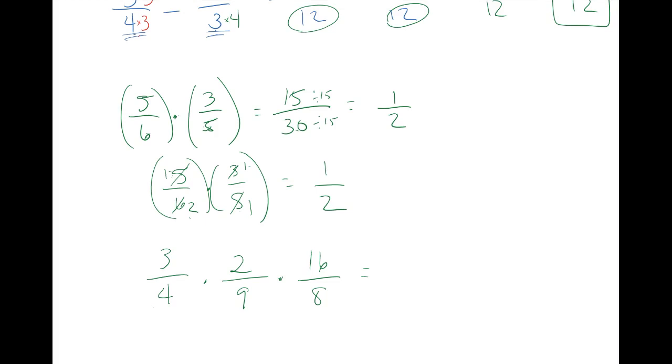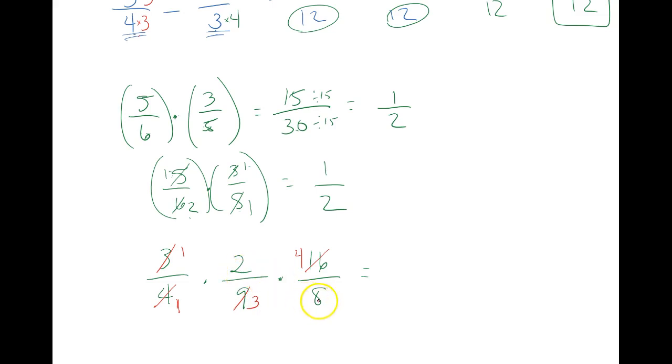Like, look at that 4. This 4, I'm going to cancel out because I see a 16 up here. So one's on bottom and one's on top. So 4 goes into itself once and 4 goes into 16 4 times. Then what I'm going to do is this 3 and this 9. 3 goes into itself once. 3 goes into 9 3 times.